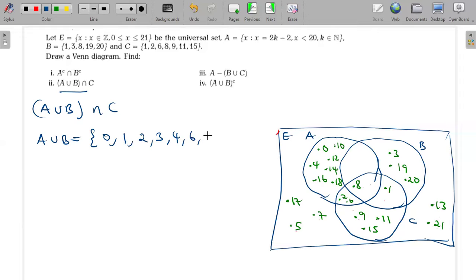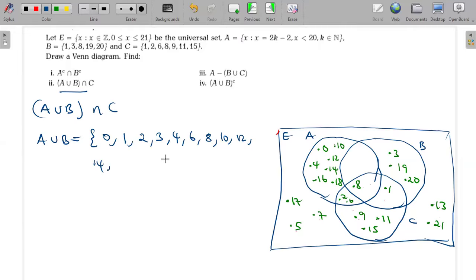No. Then we have 8. Do we have 9? No. Then do we have 10? Yes, we have 10. 11, no. Then we have 12, yes. 13, no. 14, yes, 14 is there in the set A.